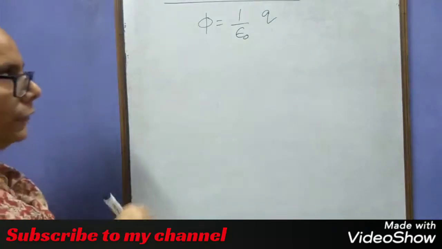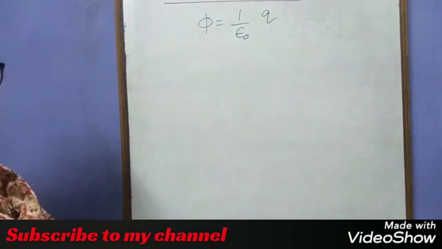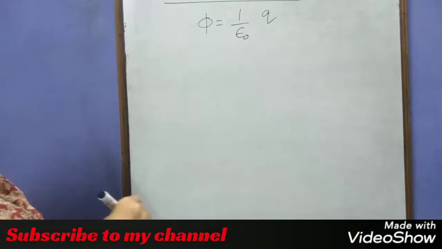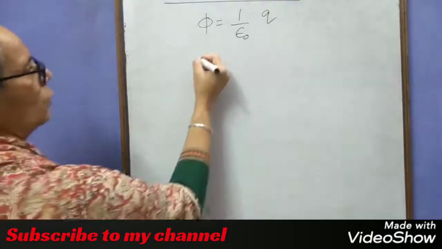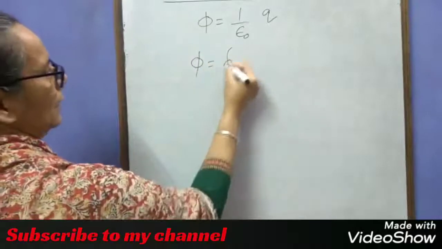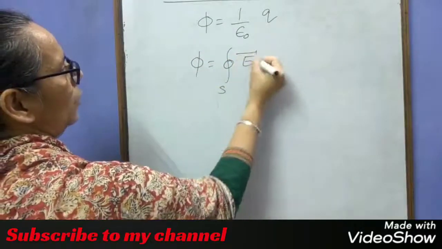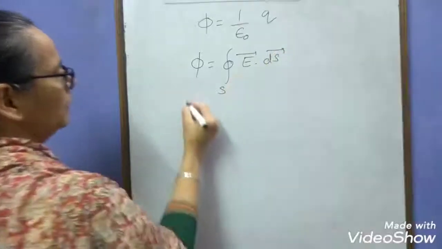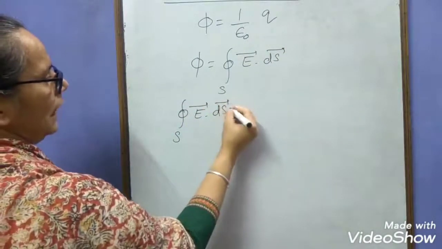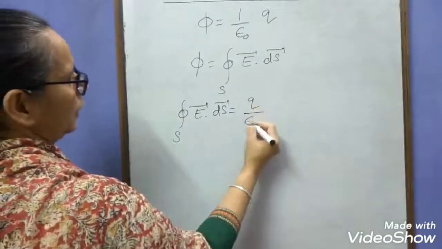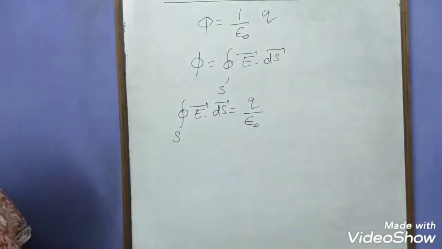This is called the Gauss theorem. And what we define for this electric flux is the surface integral of the electric field. It means Gauss theorem can be stated as: the surface integral of the electric field is Q by epsilon naught. This is another statement for this.